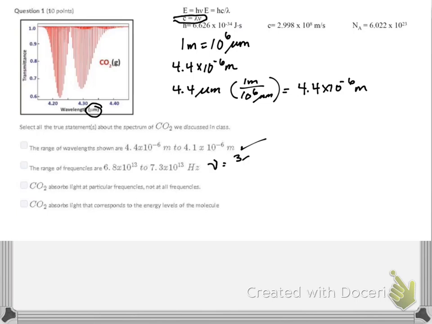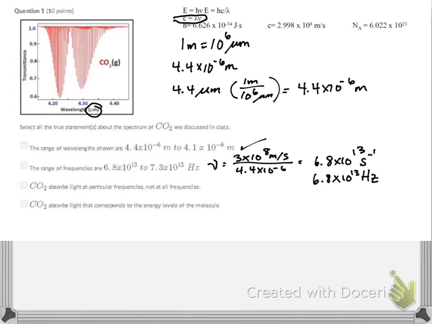Next, are these the range of frequencies we'd expect for this wavelength? We take the speed of light, 3 times 10 to the 8 meters per second, divided by 4.4 times 10 to the minus 6 meters, and we get 6.8 times 10 to the 13 reciprocal seconds, and that's 6.8 times 10 to the 13 hertz.